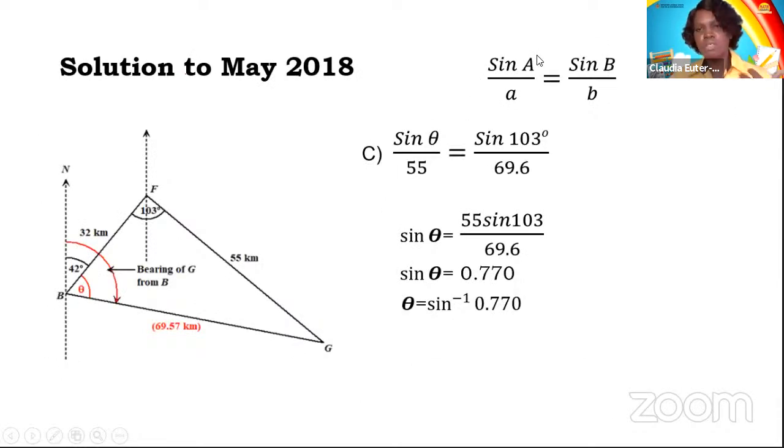So there is no set rule. Because of the equivalence, the formula can be flipped. If the unknown is the angle, you have the sine at the top: sine A divided by A equals sine B divided by B. That is when you're asked to find the angle.